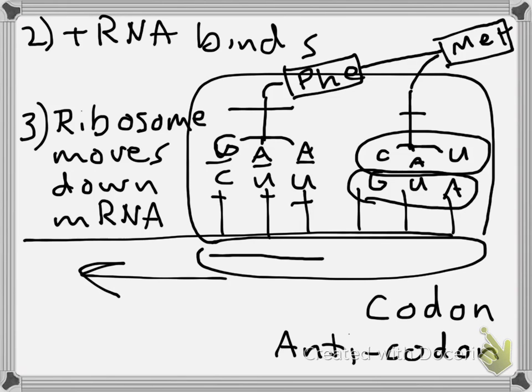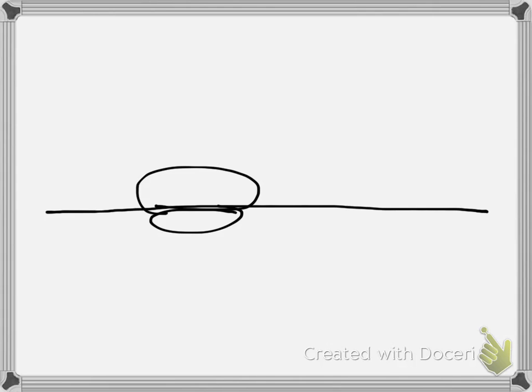Now, for the fourth and last step, the ribosome has now moved down the mRNA molecule quite a ways. It's moving from right to left. This end of the mRNA is now free and floating in cytoplasm.